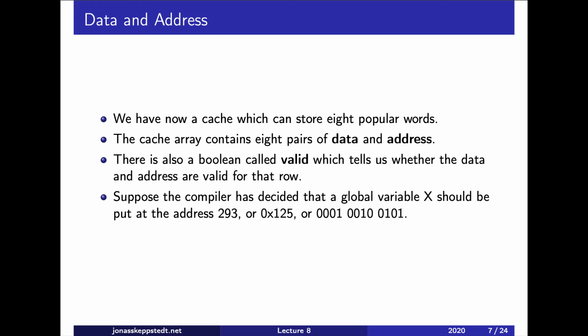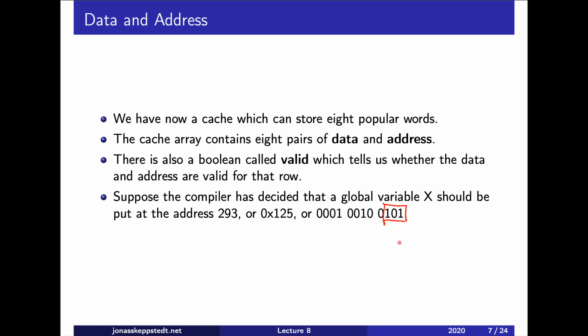Recall, we had an array with 8 elements. So what we can do is take these 3 bits and use them as an index into the array. How many indices can we use?